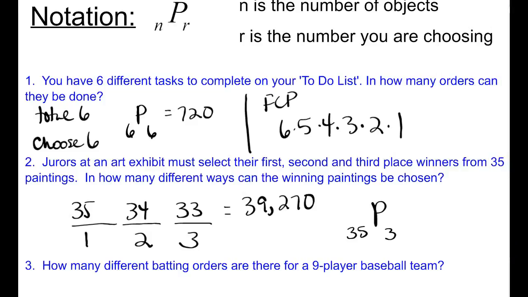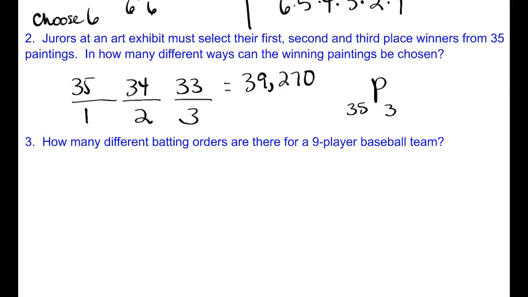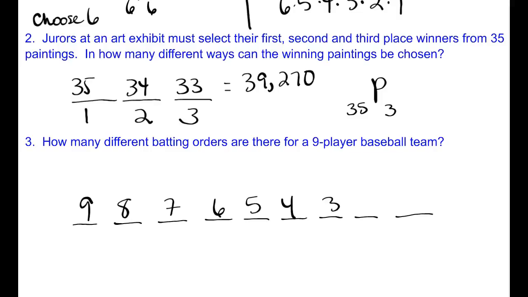All right, last one. How many different batting orders are there for a 9-player baseball team? So I've got 9 positions to fill with 9 players. I can put 9 different guys in the first, but now I'm limited to 8, 7, 6, 5, 4, 3, 2, 1. So 9 factorial, or 9 permutation 9. I'm just going to go calculate 9 factorial, okay?